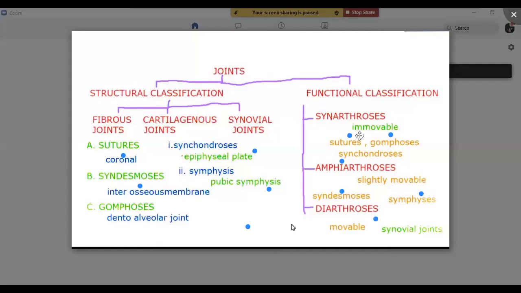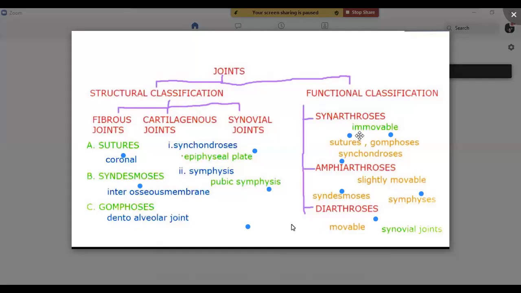Diarthrosis, the completely movable joints, are the synovial joints.